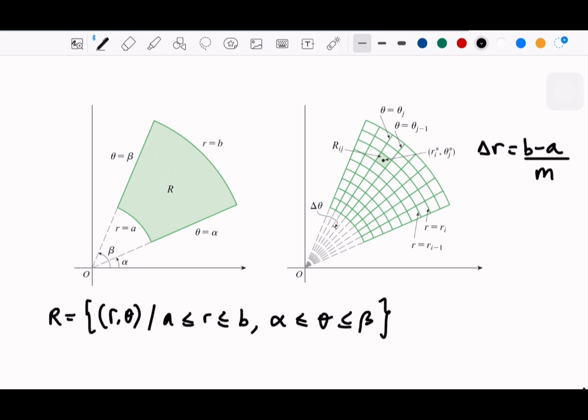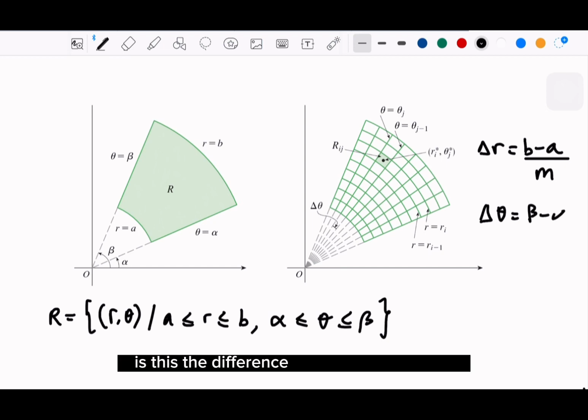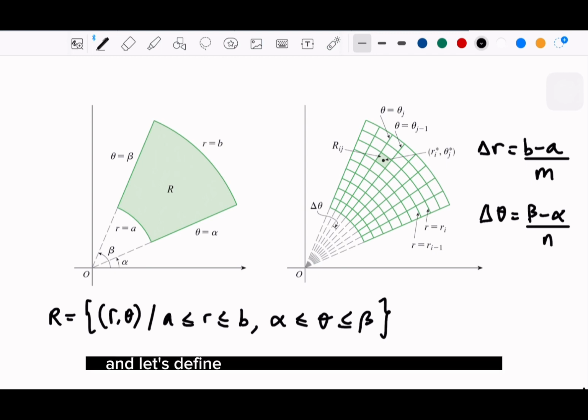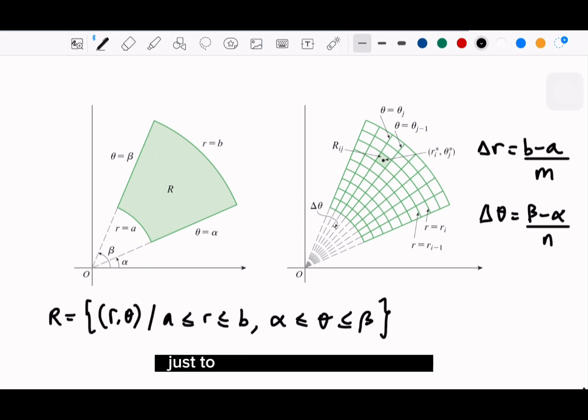And delta theta is the difference of beta and alpha divided by some n, some number of subintervals n. And let's define r and theta as r_i and theta_j, just to make computations easier.